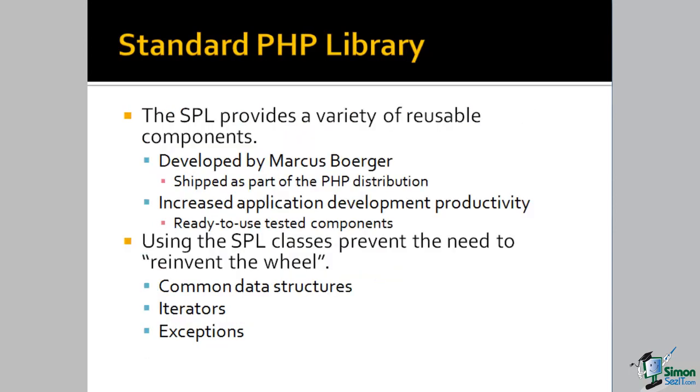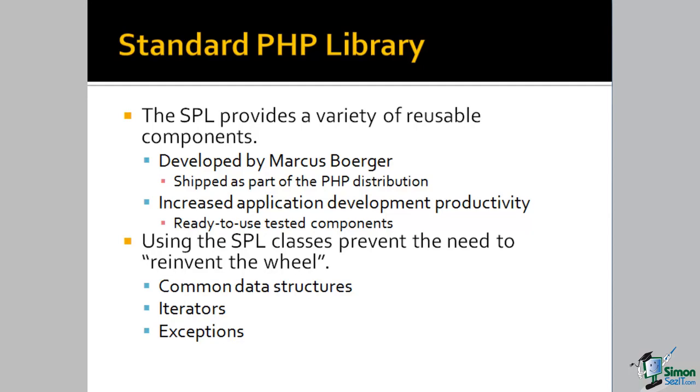Well, we have seen that the PHP environment provides many tools for us as developers. Another tool provided for us within the PHP environment is the standard PHP library. And this library is full of useful, reusable code components that are shipped as part of the PHP distribution.